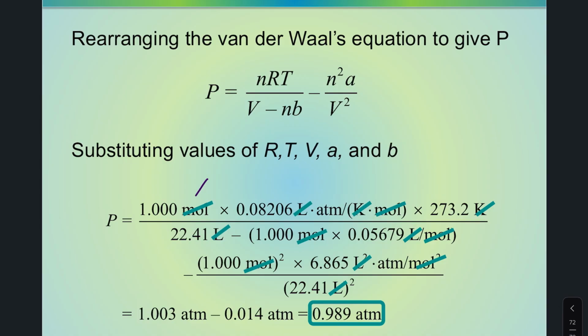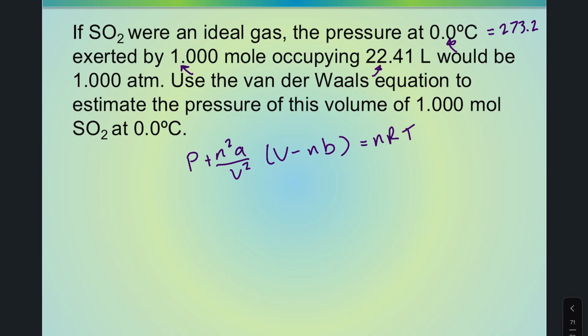For n, we have 1 mole from the previous problem. R is still our gas constant. Keep in mind that this is that crazy equation that I wrote before, just rearranged. We have the temperature, 273.2 in kelvins. And we have the volume, which is now volume minus nB. Keep in mind that A and B come from the values on this table.